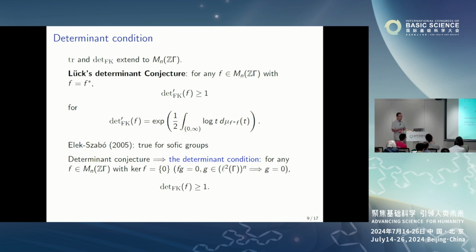The thing here is that maybe the spectral measure has positive mass at the 0 point. In that case, the original determinant, for this integral here, must be negative infinity. Then the determinant becomes 0. So in this way, you make it larger. But why should this be at least 1? This just comes from the fact that it has integer coefficients.